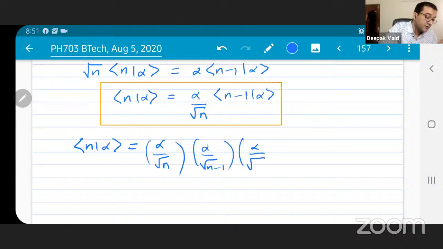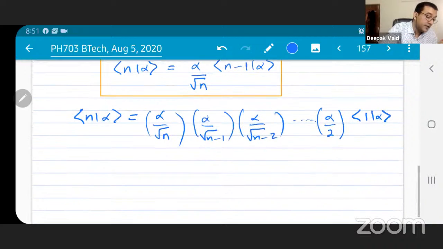Then I'll get alpha by root n minus 2. And this will continue until I get alpha by root 2 times ⟨1|alpha⟩. And finally, that will become equal to alpha by 1 times ⟨0|alpha⟩.